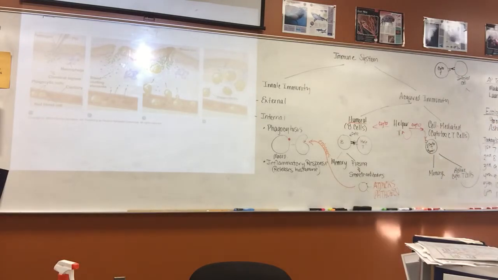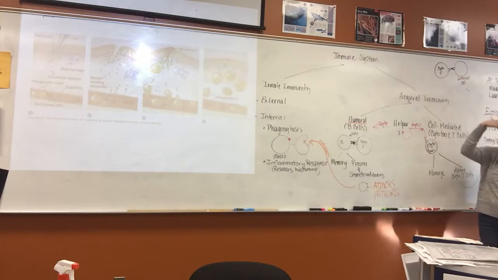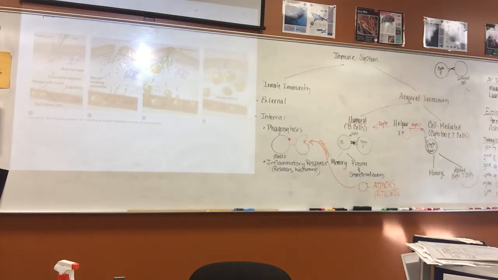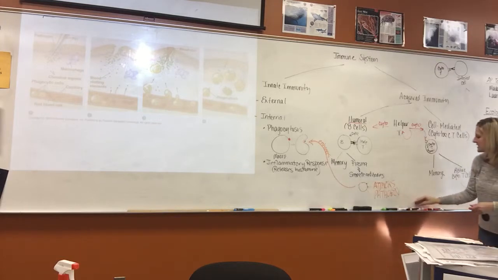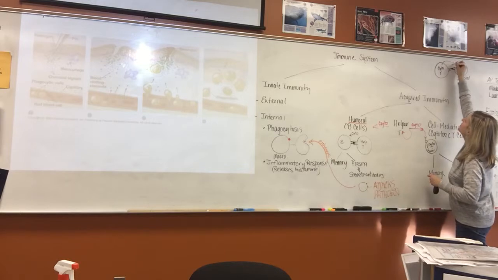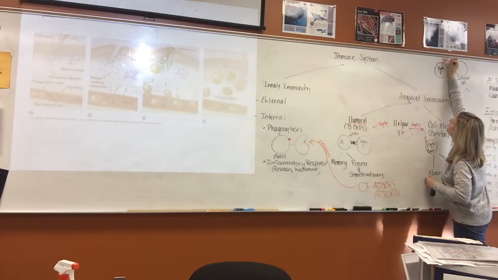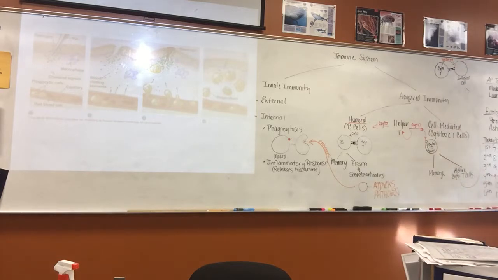And what that binding triggers, so these two cells are communicating with one another. That's a form of communication when they bind together like that. It triggers something to happen in the cytotoxic T cells. The cytotoxic T cells release a molecule called perforin. And perforin causes what to happen to the affected cells?